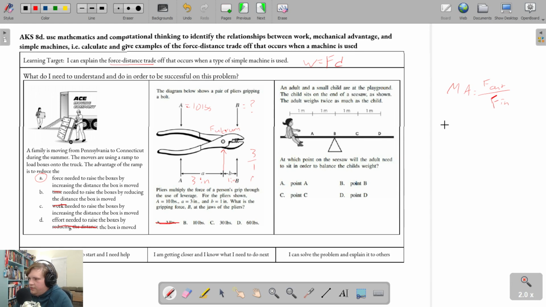We calculated the mechanical advantage using the distances, effort over resistance, and it's 3. We know our F in, which is 10 pounds, so we can solve for F out. F out is equal to 10 times 3, which is 30 pounds. So there's our answer, 30 pounds.